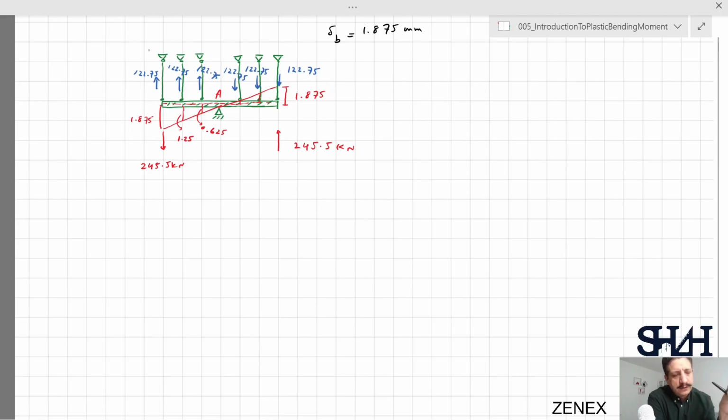What is needed to know: if we are assigned to calculate the plastic load, you do not need to go through this journey. You can just put all the loads at their maximum value and calculate the maximum load.